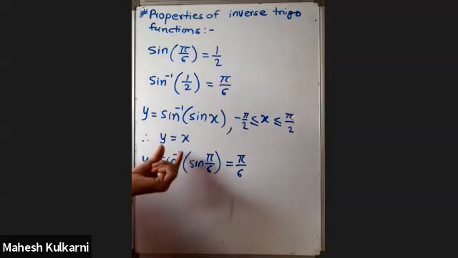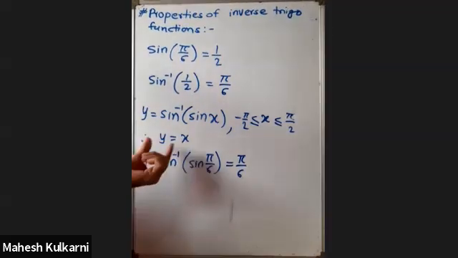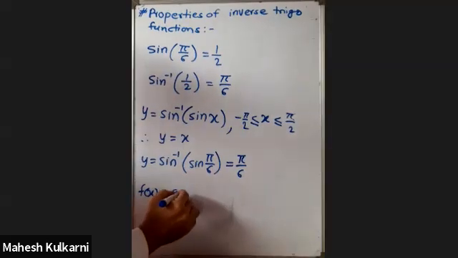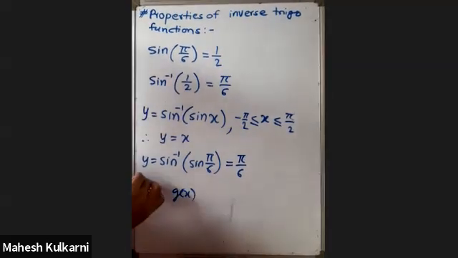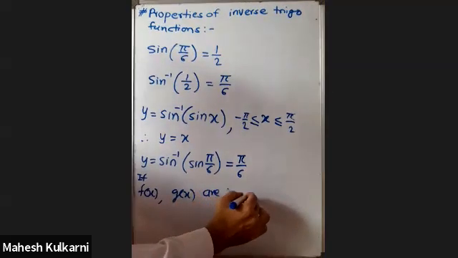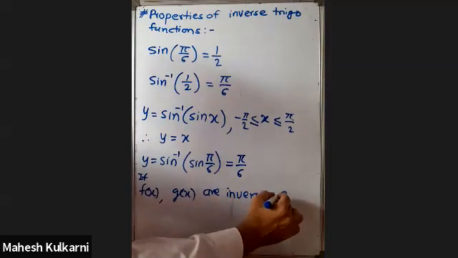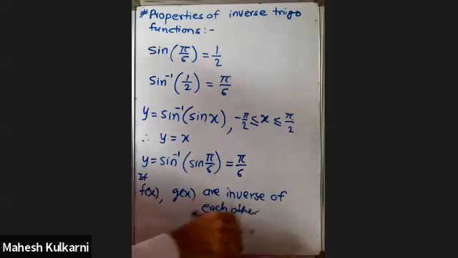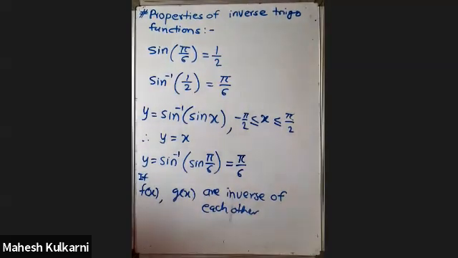So why is this value x? There is one more method by which we can verify why it is x. You know that if two functions f and g are inverse of each other, then you know the composite function of this.